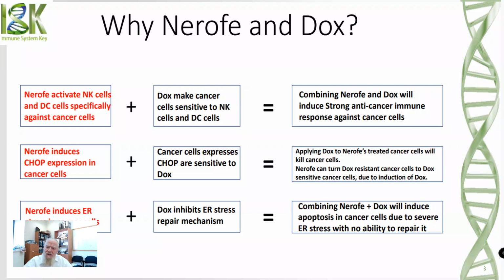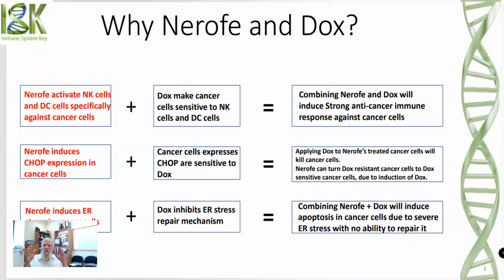In vitro experiments show that when one applies Nerofe to innate immune cells like NK cells, DC cells, monocytes, there is a very strong activation of these cells. On the other hand, if one takes cancer cells and treats them with doxorubicin, these cells become highly susceptible to NK and DC cells.